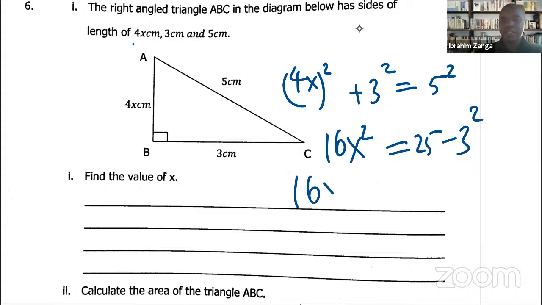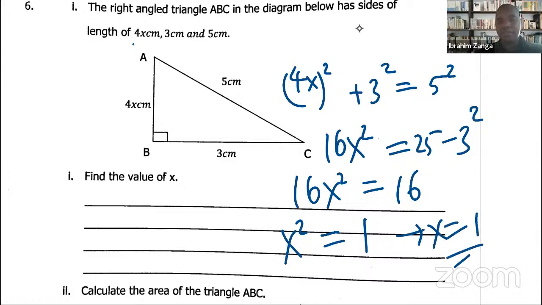So 16x square is 25 minus 9, you get 16. So x square will be equal to 1. And because we're expecting the value to be positive, x, dear students, will be 1. So the value of x is 1.